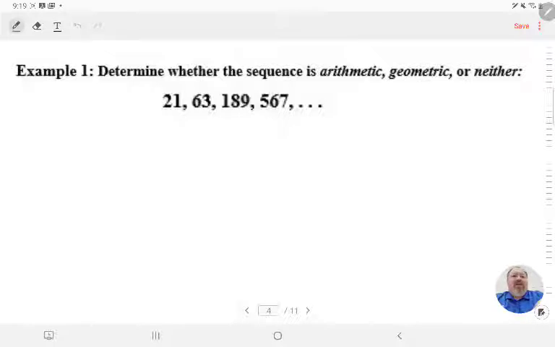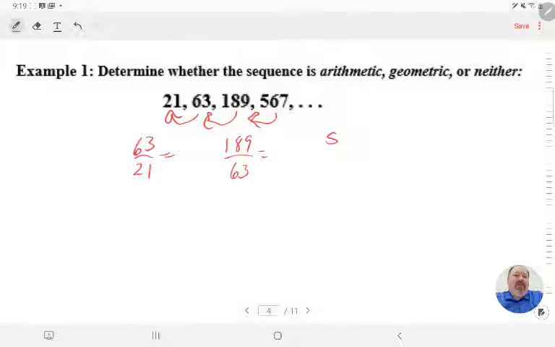So again, I would do 63 over 21. I would do 189 over 63. And I would do 567 over 189. Okay?